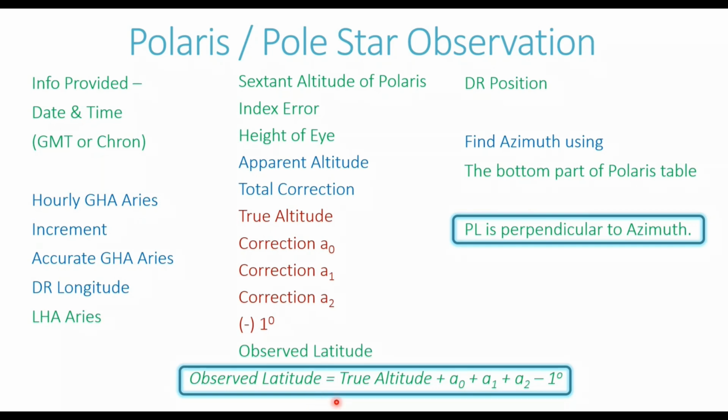So, two important takeaways from here. One, we have found the direction of the PL, which is perpendicular to the azimuth. Second, we have obtained the observed latitude from this formula: true altitude plus A0 plus A1 plus A2 minus 1 degree. Now with these two obtained, we can go into the plotting of the position line on the chart or in our answer sheets on the plot.